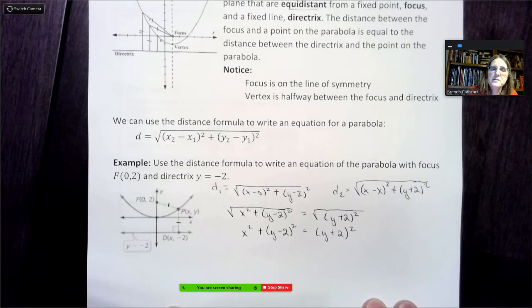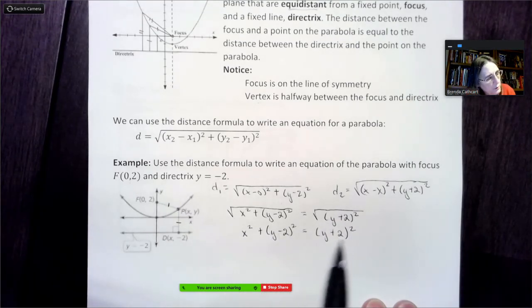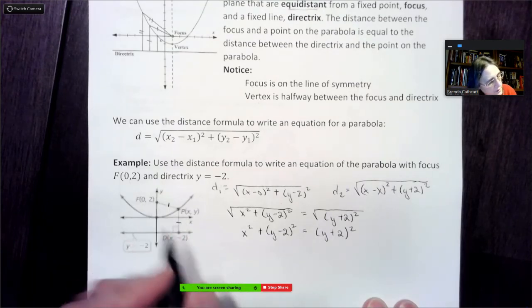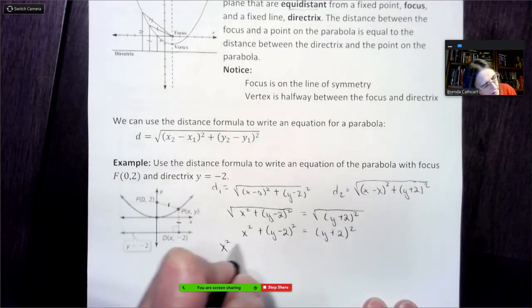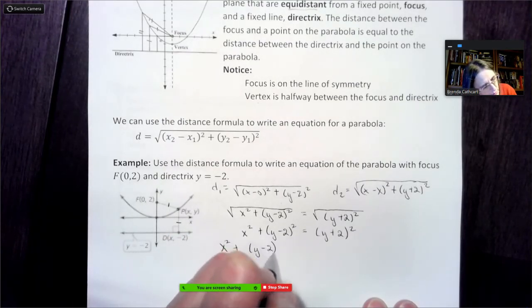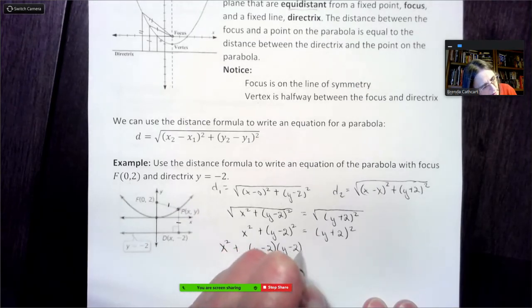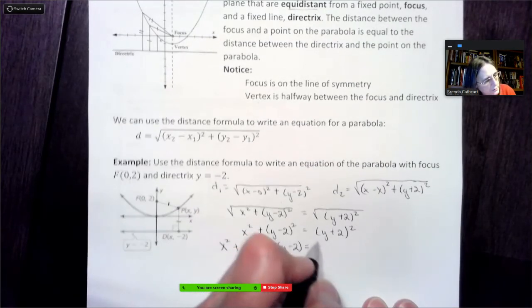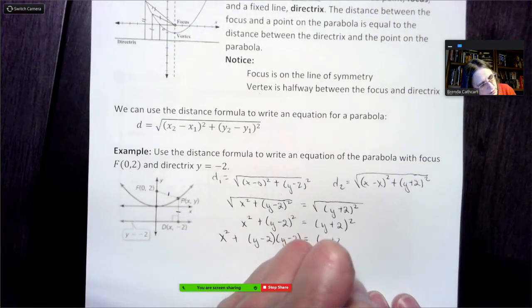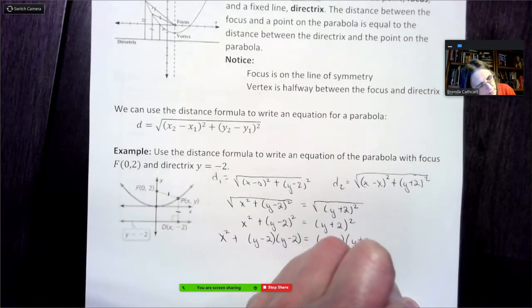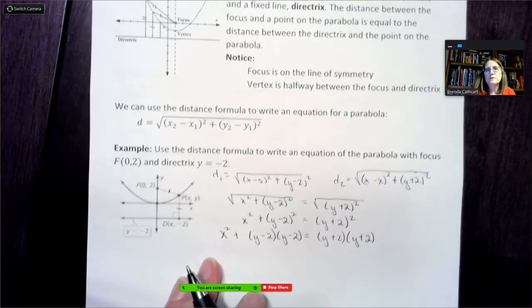To solve this equation, we're going to expand the two binomials, multiplying those out. I'm going to write that out to remind you how that works. Y minus 2 squared is y minus 2 times y minus 2, and y plus 2 squared is y plus 2 times y plus 2.